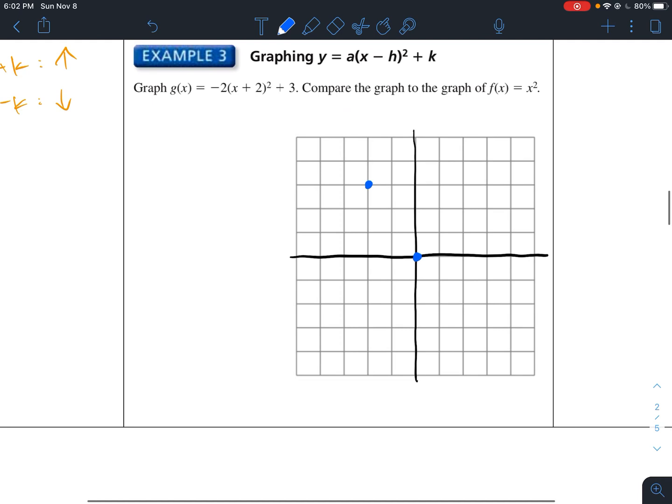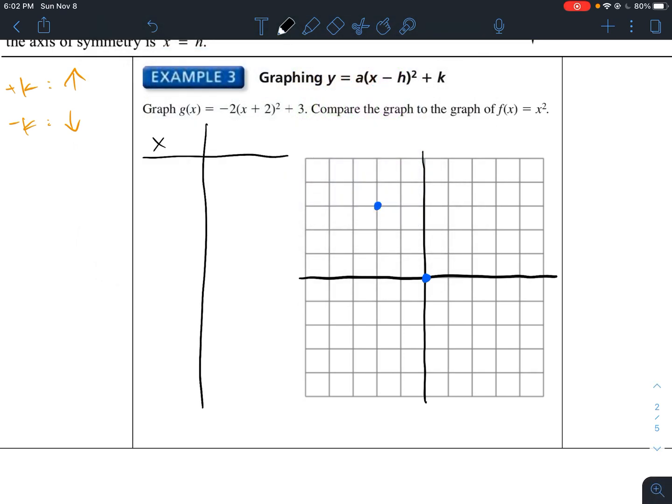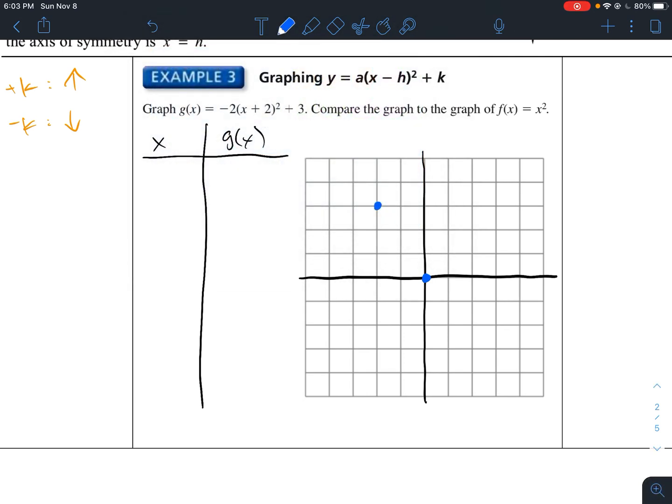Okay, so if we want to graph this, we have x and then g of x. So when we want to first plot the vertex, the vertex was -2, +3, so that's the vertex right there. Because right here, -2, +3, that's where we shifted the vertex.